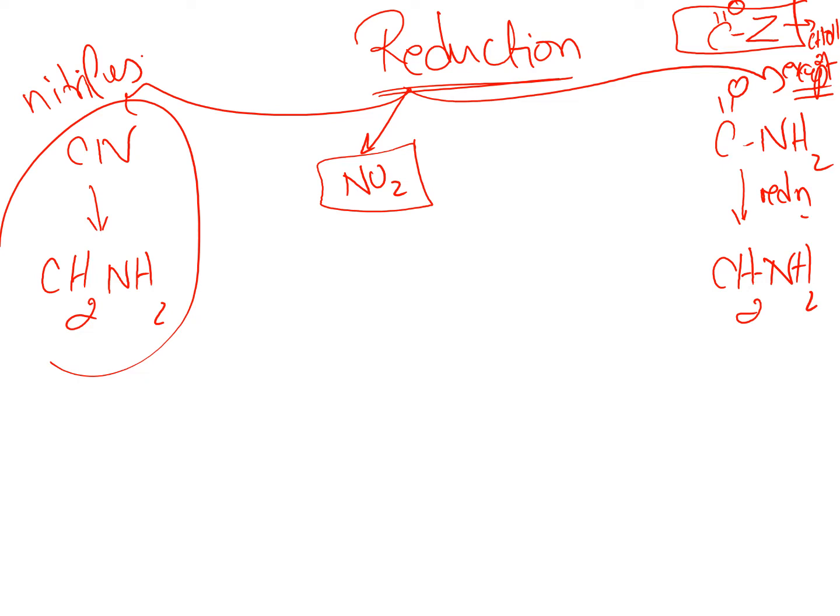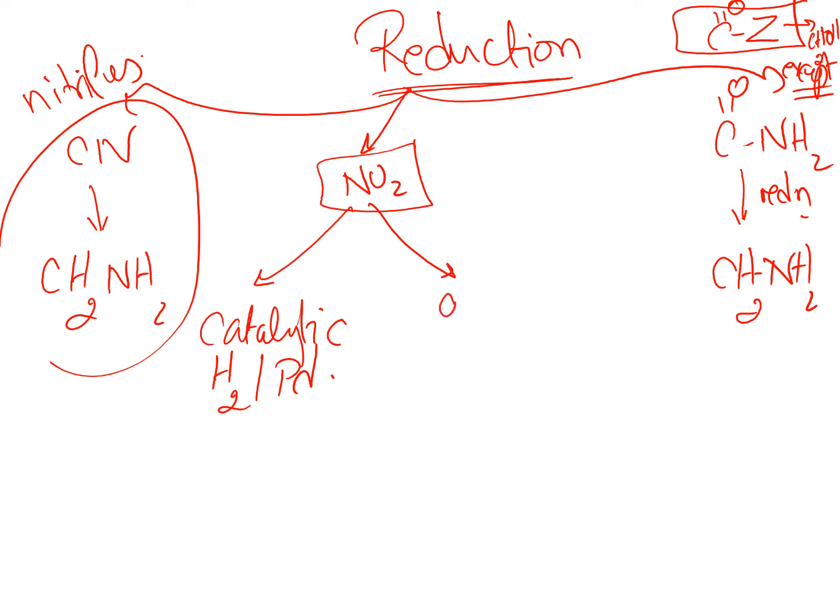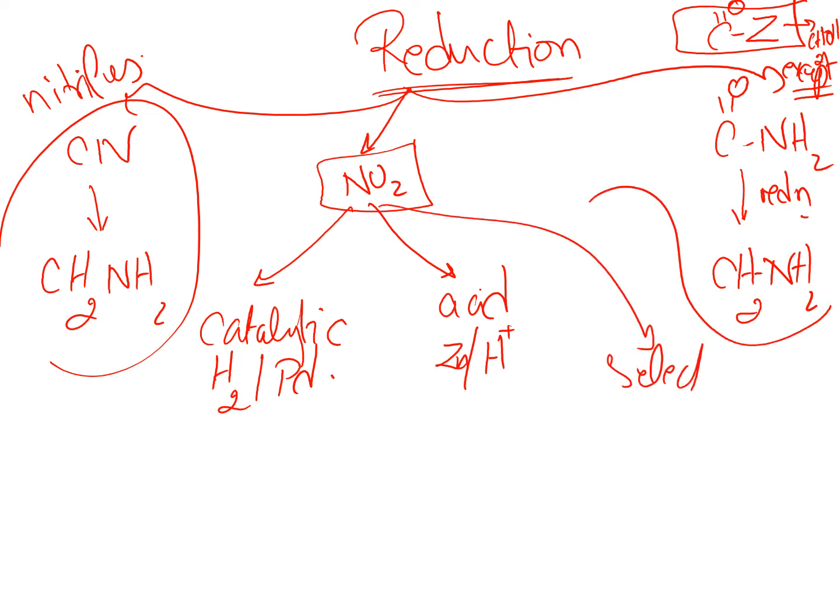The only techniques that produce amines are the catalytic reduction, where you use hydrogen in the presence of a catalyst, or acid reduction, where you use zinc in an acid medium. And finally, you have the selective reduction, where you use sodium sulfide or ammonium sulfide.